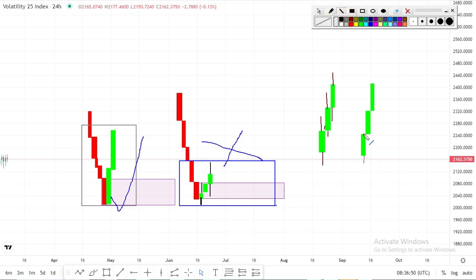We have a wick here, here, here, and this wick also here. Let's say we have a wick here, we also have this. So in these 3 consecutive candles, we have wicks in all the candles, and they are all bullish candles, right?